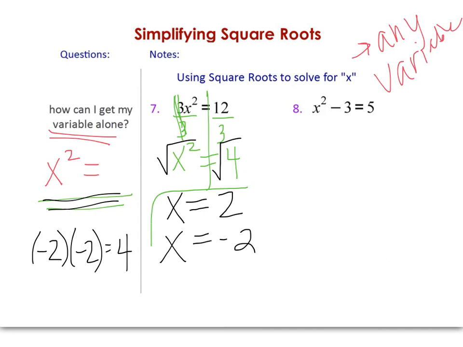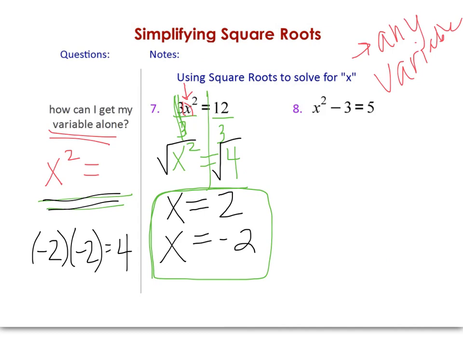You're going to have 2 answers for this equation. X could equal positive 2, and x could equal negative 2. Meaning I could put positive 2 or negative 2 in for x with parentheses, and my answer will be 12.